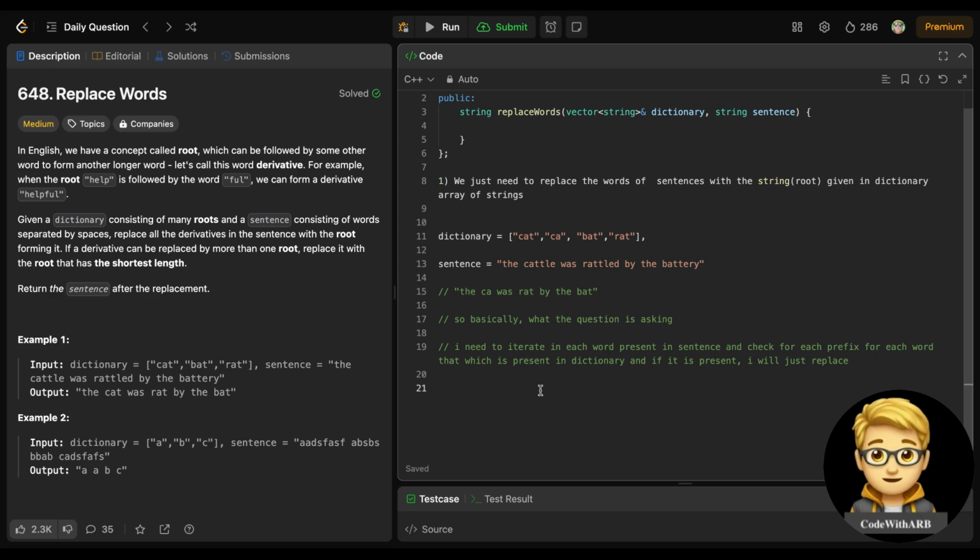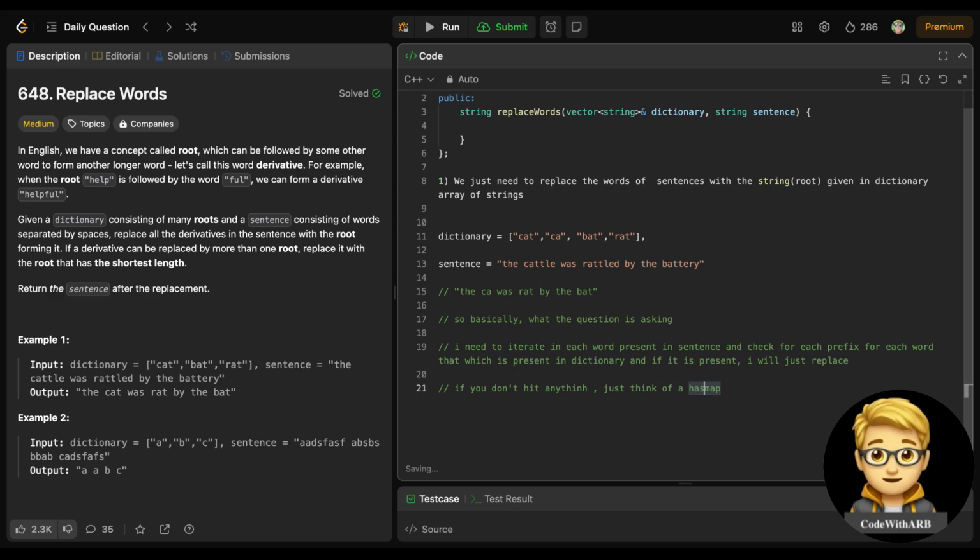So what we can do, just think of a hash map.